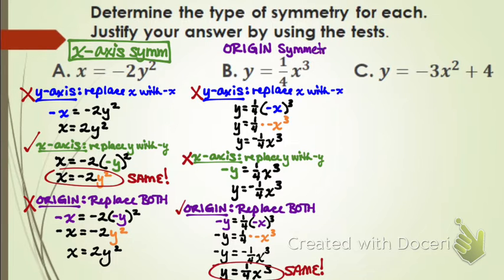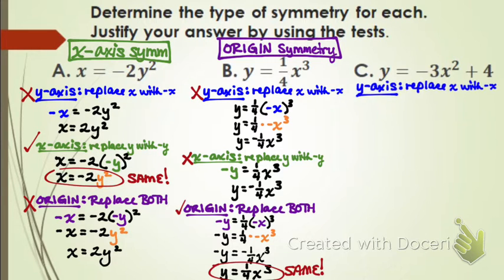The next one is Y. Possibly. Remember, it is possible to have more than one type of symmetry. Oh yeah, it is Y. All right, so let's check this one. I'm going to replace x with negative x. So I have y equals negative 3, and then I have negative x squared plus 4.